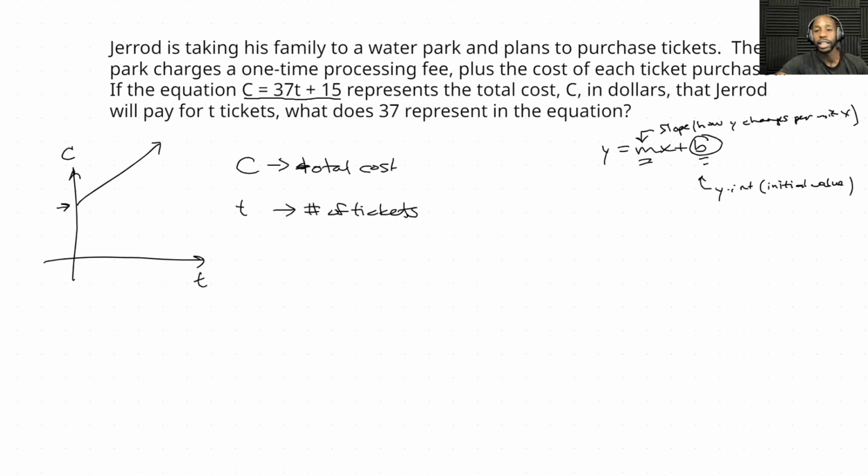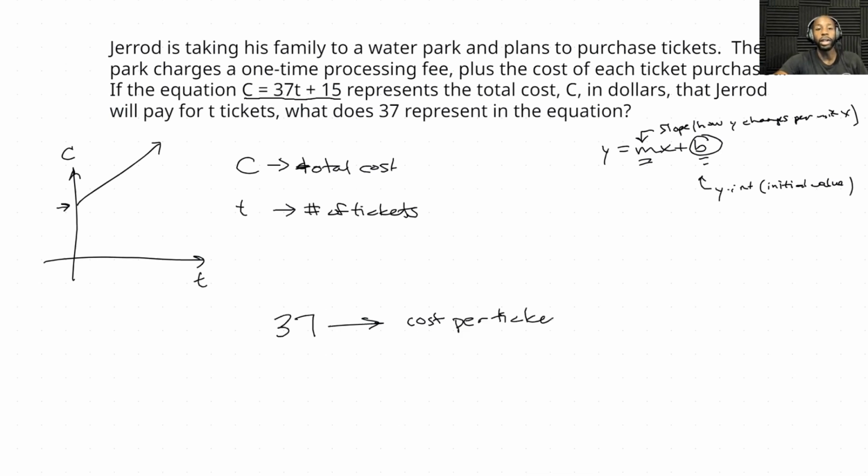So this actually is the cost per ticket. Because when you multiply the cost per ticket, let me point to this here. You multiply the cost per ticket times the number of tickets, you're going to get a cost for that number of tickets. So therefore, the number 37 is representative of the cost per ticket.